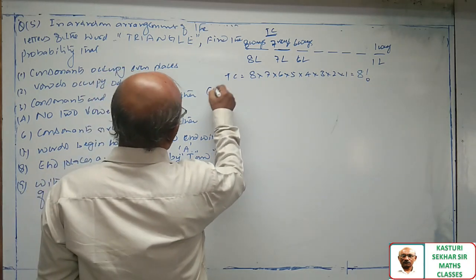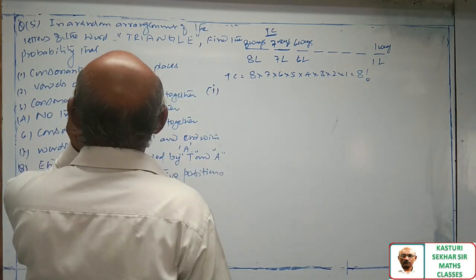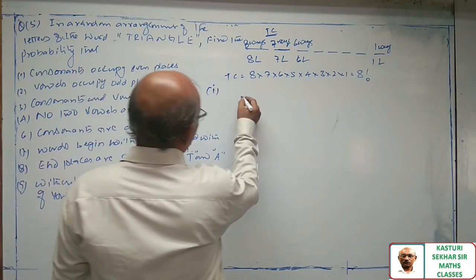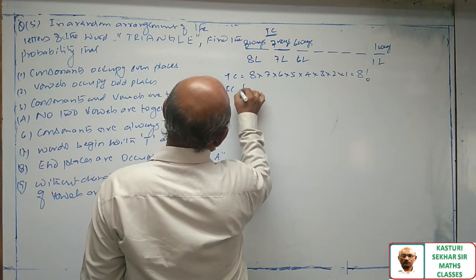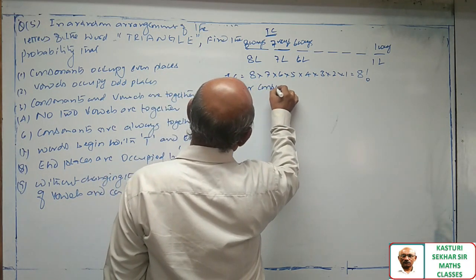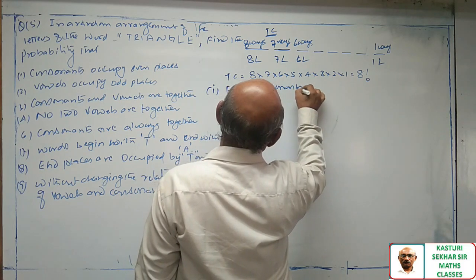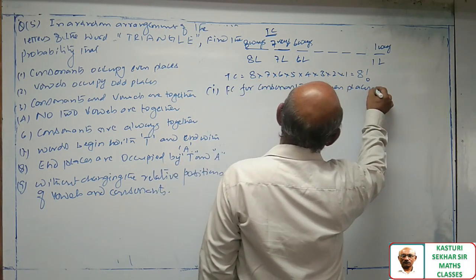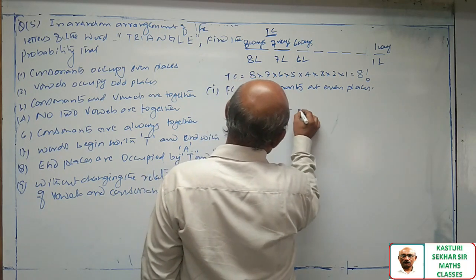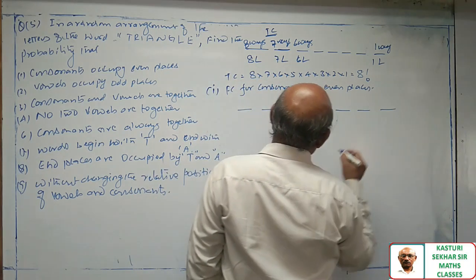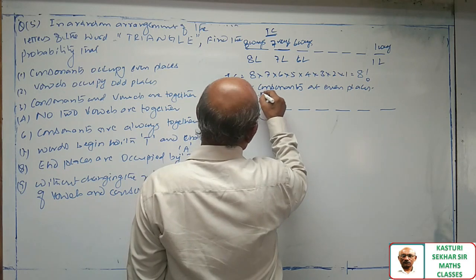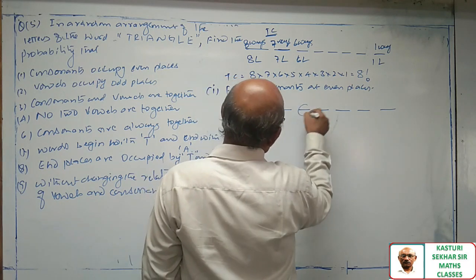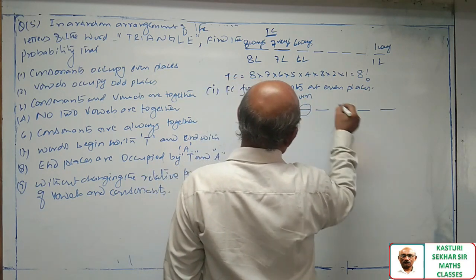Let us see the first question. Consonants occupy even places. Favorable cases for consonants at even places. 1, 2, 3, 4, 5, 6, 7, 8 places. This is even place.